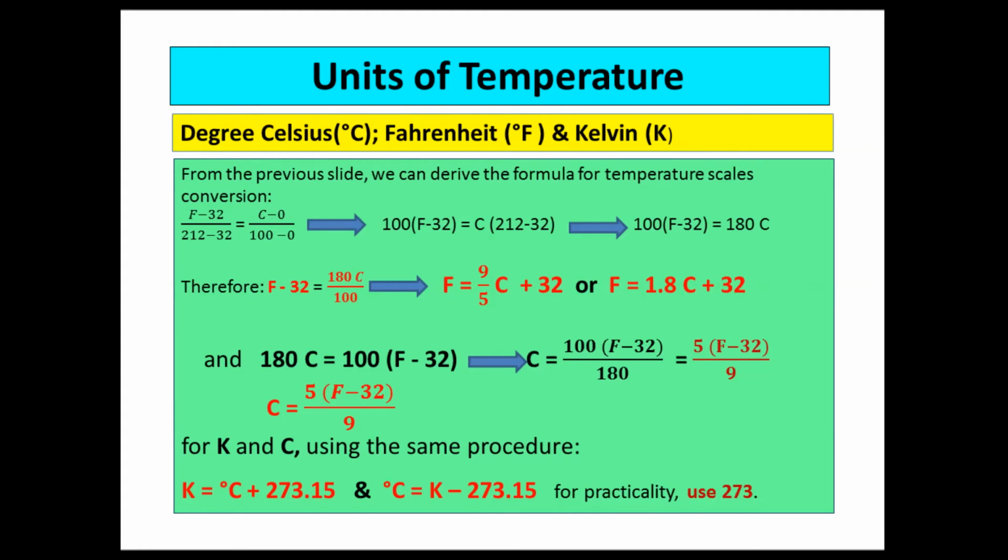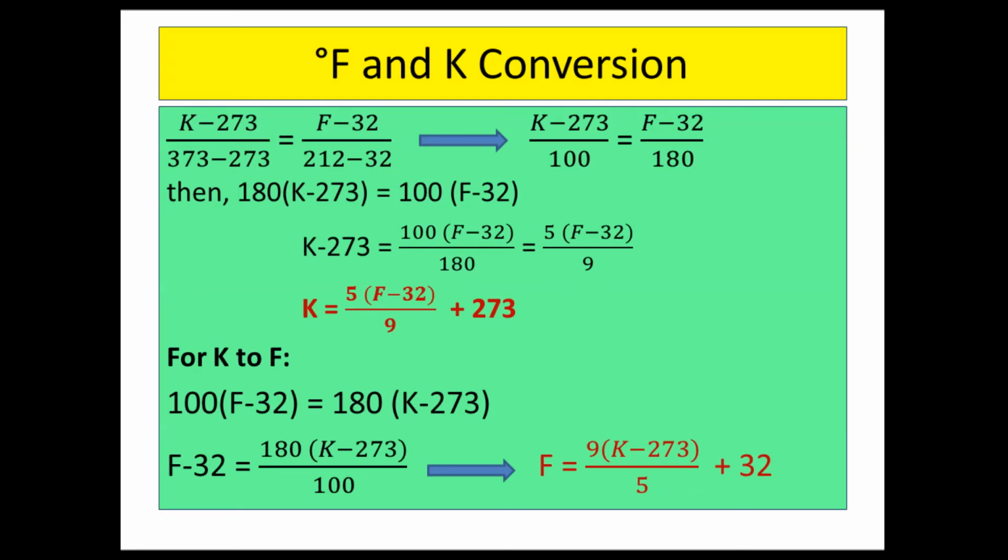So for K and C, we use the same procedure and come up with this equation. For practicality, we use 273. Sometimes we also convert Fahrenheit to Kelvin or Kelvin to Fahrenheit, and we derive the equation for conversion.